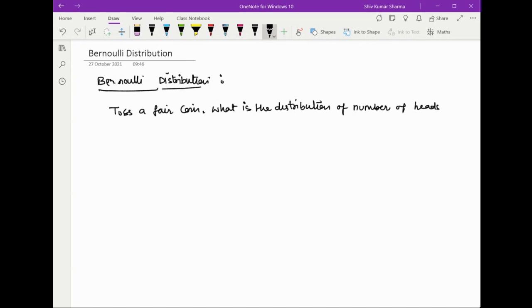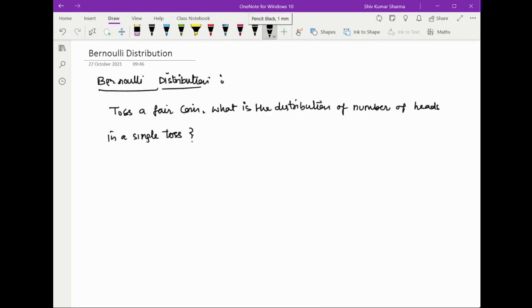So this is our question. In a single trial, so heads in a single toss. So what is the distribution of the number of heads in a single toss?